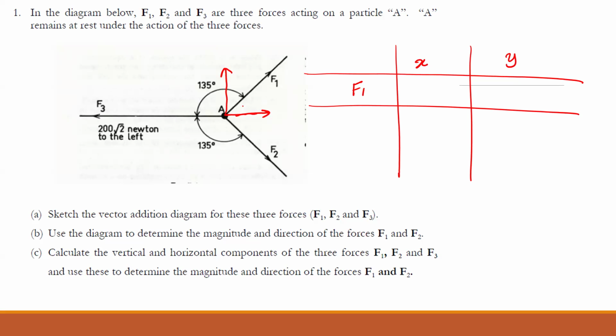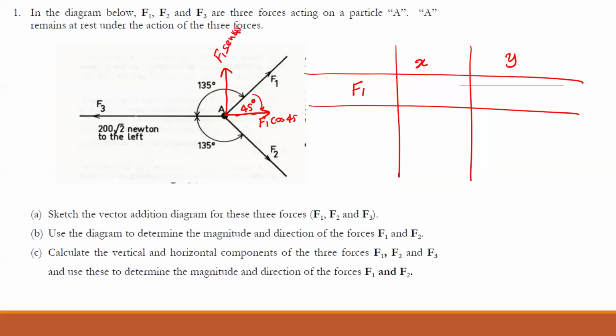This angle, we found as 45 degrees. We found it previously as well, 180 minus 135. So now if you divide F1 into two components like this, the x component will be F1 cos 45. I told you when you come towards the known side, it is cos, and this will be F1 sine 45.